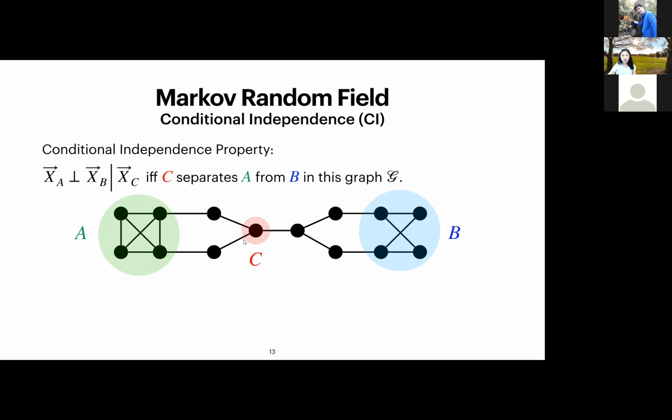So the condition is the C here, and A and B will be separated if you take C out. They will be disconnected if you take C out. So there is no information flowing from A to B because all the information has to go through C, okay? So graphically it is also very easy to understand.